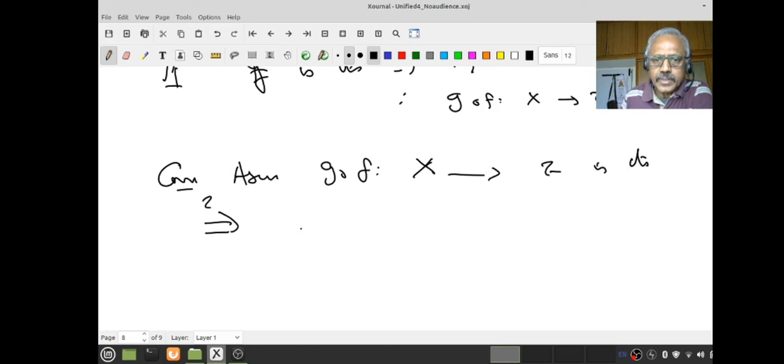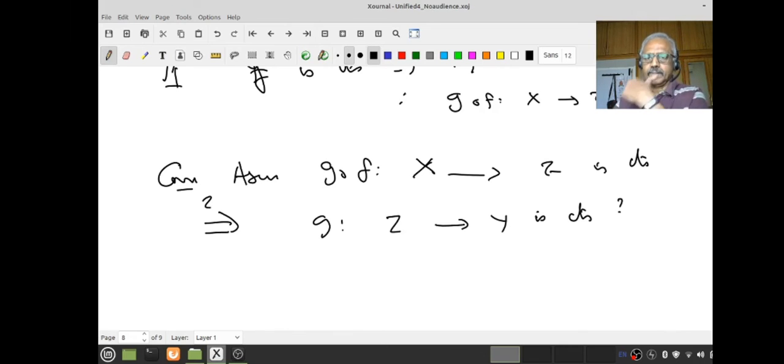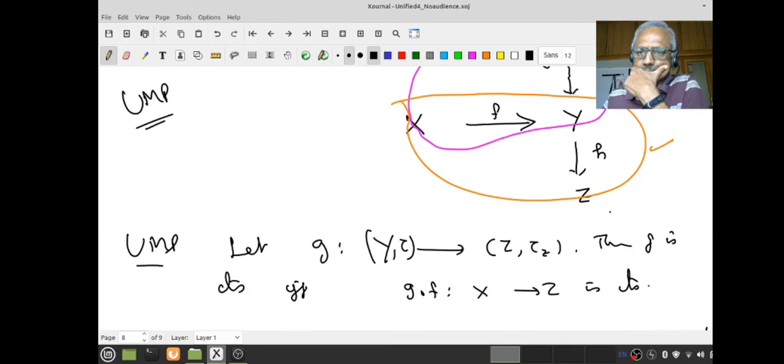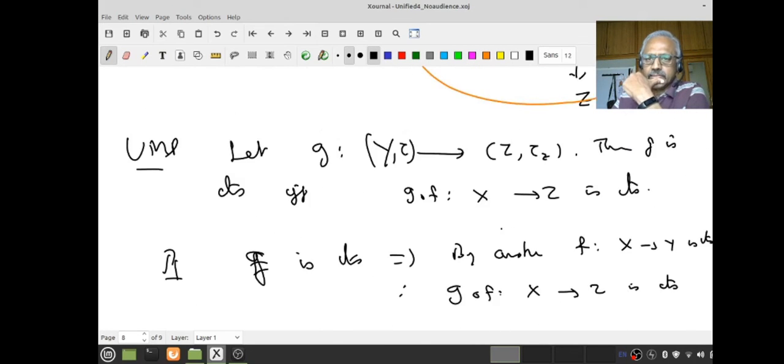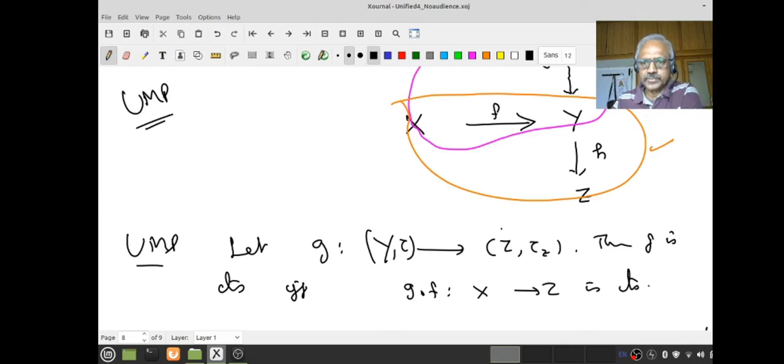We want to prove whether G from Y to Z is continuous. Sorry, again I am making a mistake. That's why the picture will help me. Keep the picture in mind, please don't get confused.